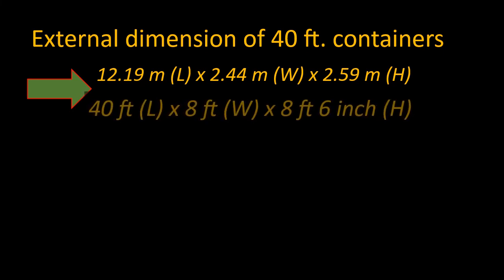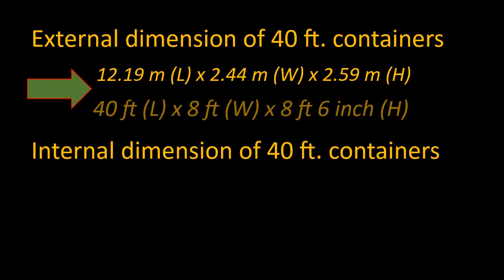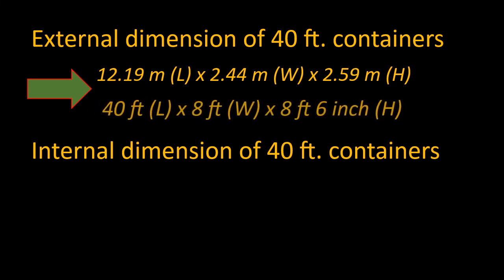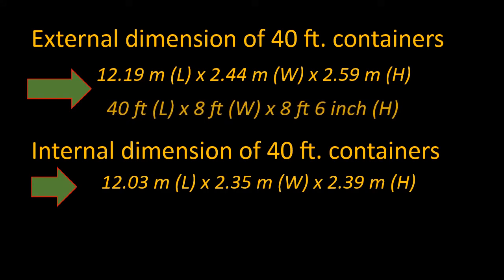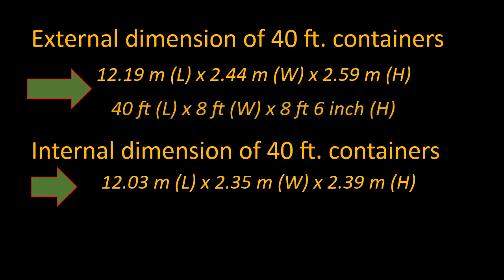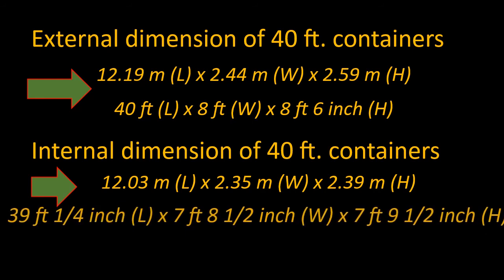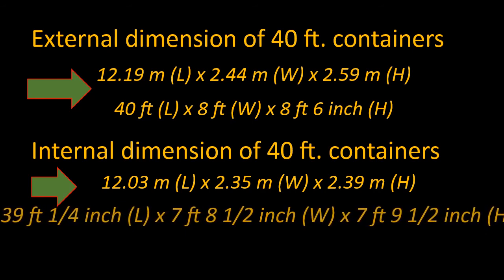Whereas the internal measurement of a 40-footer container is 12.03 meter length times 2.35 meter width times 2.39 meters height. In feet, it is 39 feet 5 inch length times 7 feet 8 inch width times 7 feet 9 inch height.